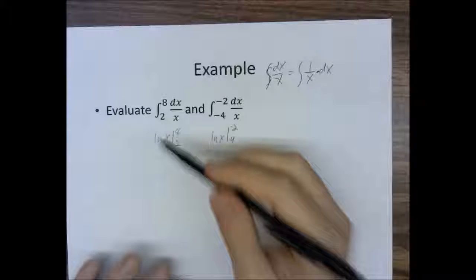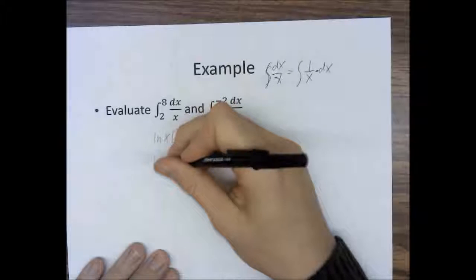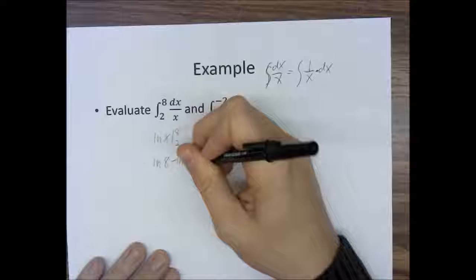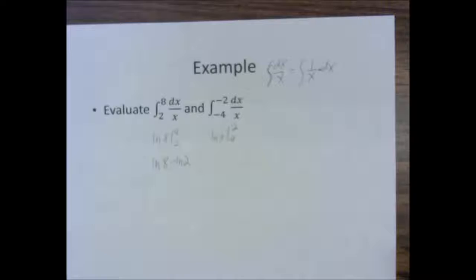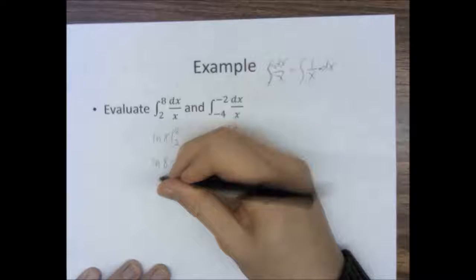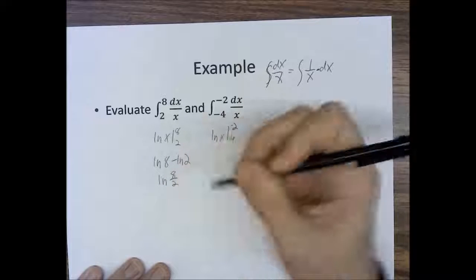So we're just going to plug these in. So we got natural log of 8 minus natural log of 2. And if you remember your log rules, you could save yourself some time. Natural log of 8 minus natural log of 2, using your log rules, that's the same thing as natural log of 8 divided by 2.